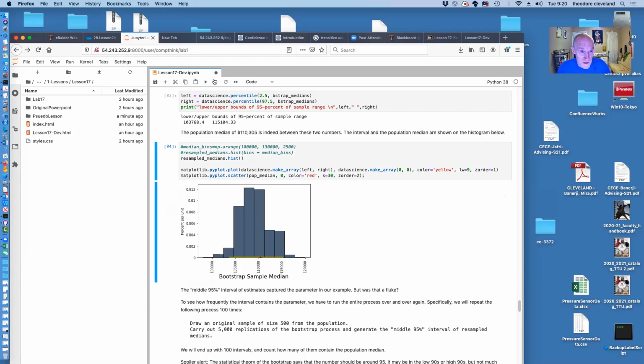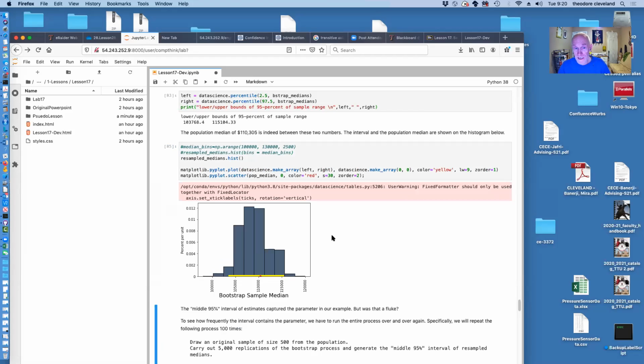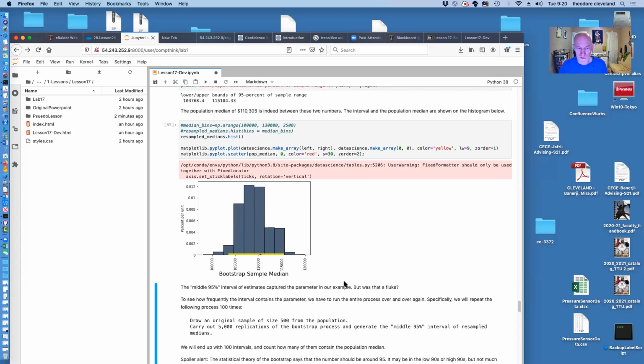And just so y'all don't think I actually know what I'm doing, I do a lot of cut and paste, and as you can see, modify. So I use the CCMR method that we invented in this class. Yeah, I still get the same warning. So this yellow bar represents our interval estimate. So in this particular instance, our interval estimate indeed captured the true value.